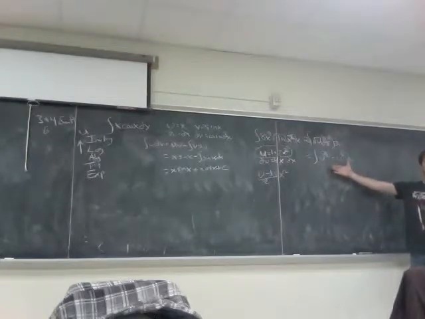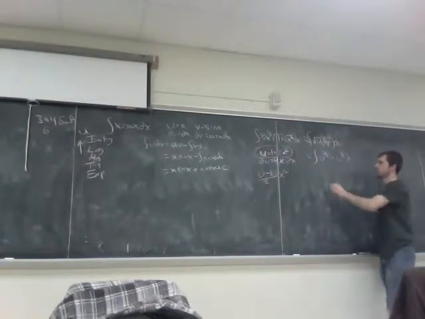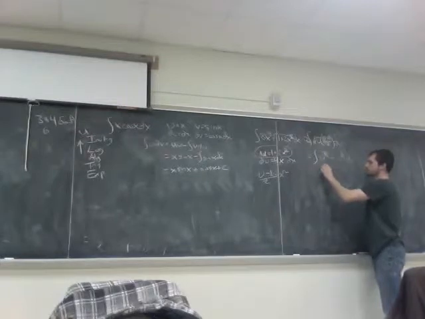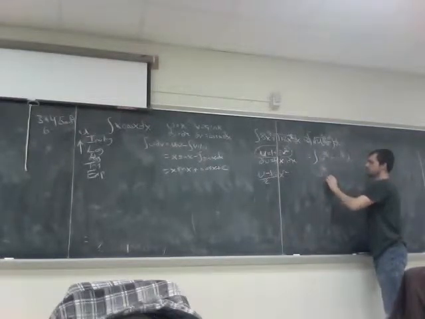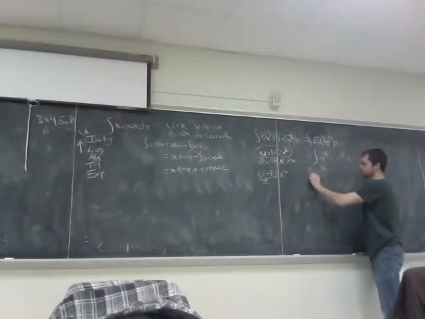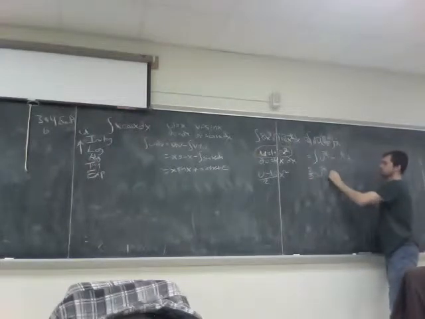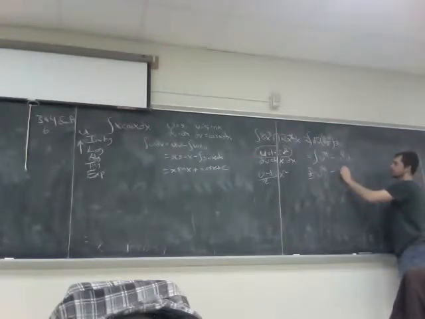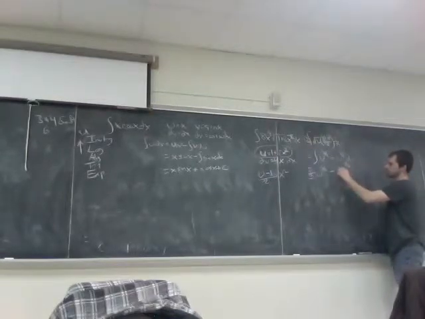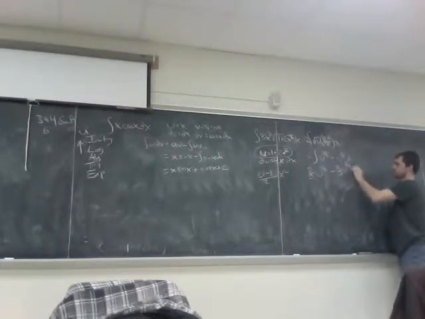And then from there, the steps are pretty straightforward. I'm just adding 1, so 5/2, and dividing by 5/2, or multiplying by the reciprocal. And same thing here. I add 1, get 3/2, multiply by the reciprocal, so I get 2/3, I have a plus c.